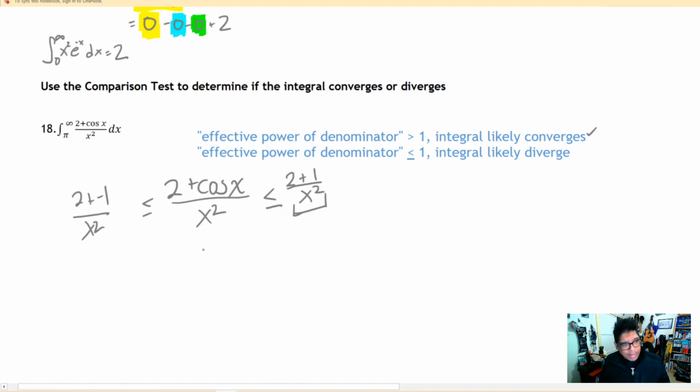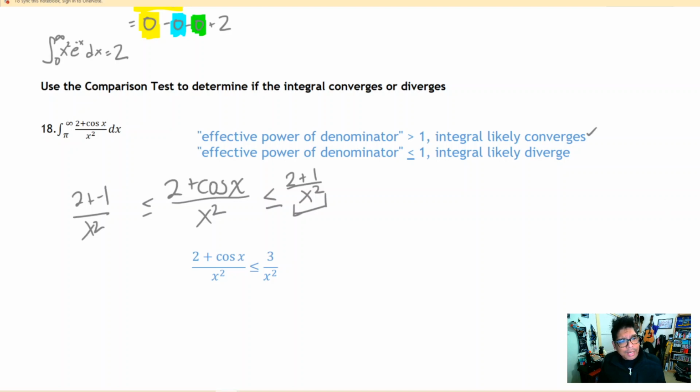So we know that 2 plus cosine x over x squared is going to be less than or equal to 3 over x squared. Now I think that the function that I'm analyzing is going to converge, so I'm going to pick the bigger function here, 3 over x squared.